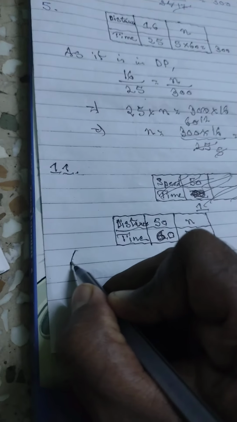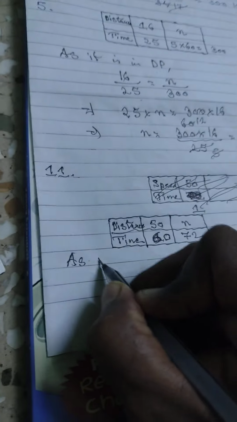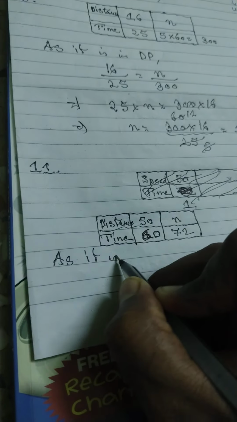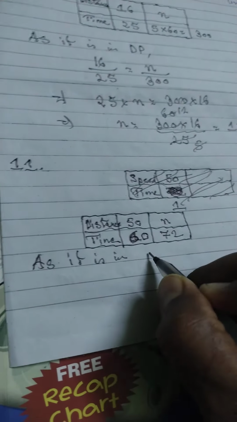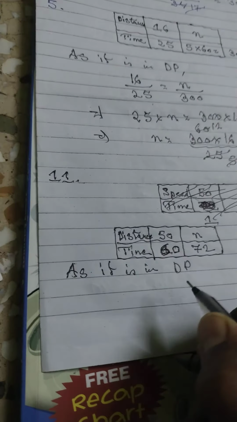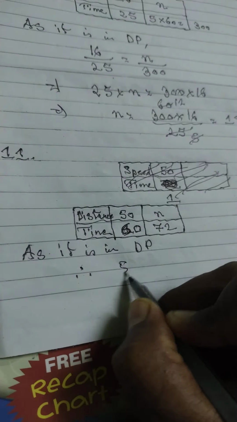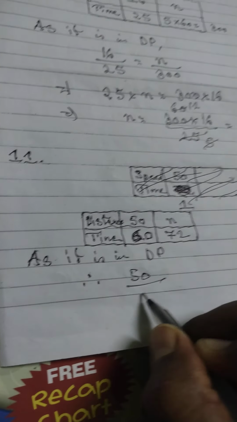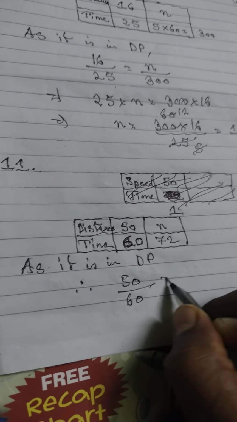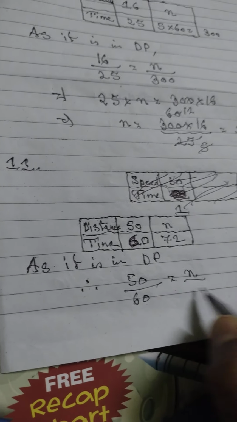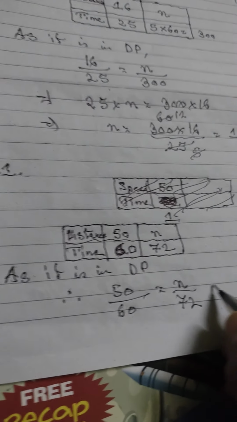So again I have to write as it is in the proportion. So therefore 50 by 60 is equal to x by 72.